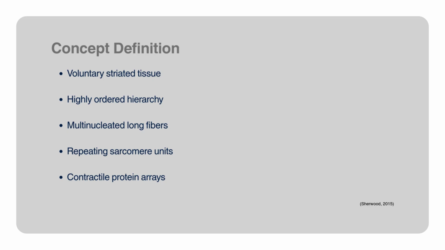A key thing in skeletal muscle physiology is order. Every fiber contains repeating contractile units, sarcomeres. That allows the muscle to shorten efficiently and produce force. This highly structured organization is what allows skeletal muscle to continuously generate controlled, graded movement.